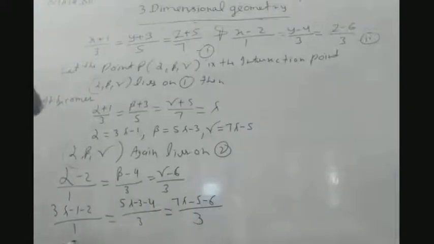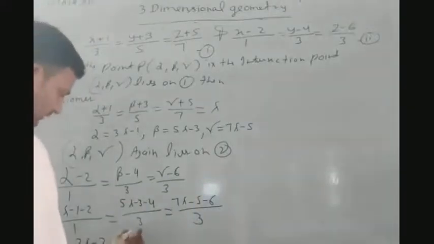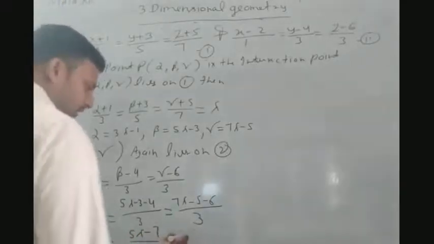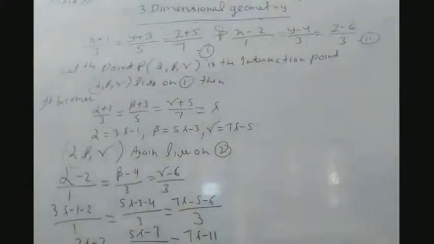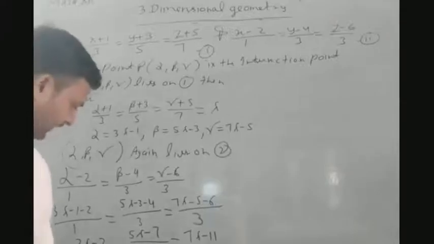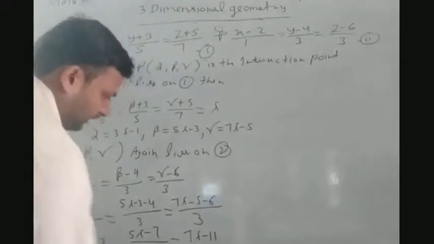So (3 lambda minus 3) by 1 is equal to (5 lambda minus 7) by 3, which is equal to (7 lambda minus 11) by 3. There are three parts: first, second, and third.